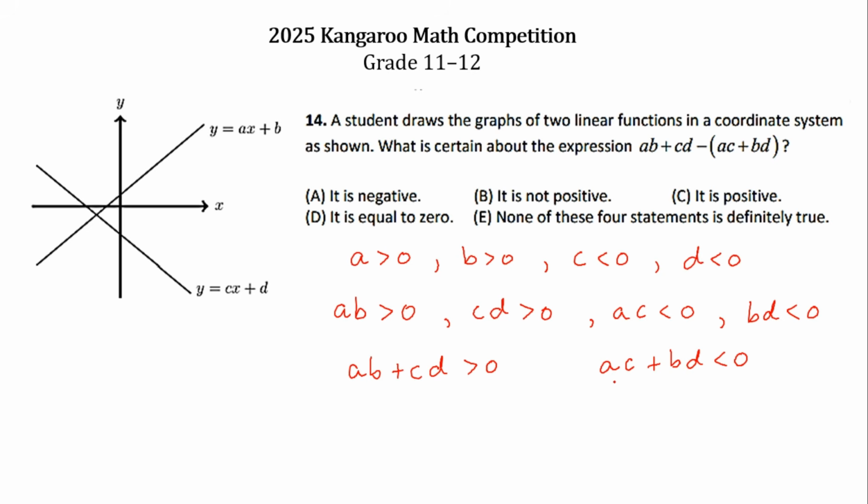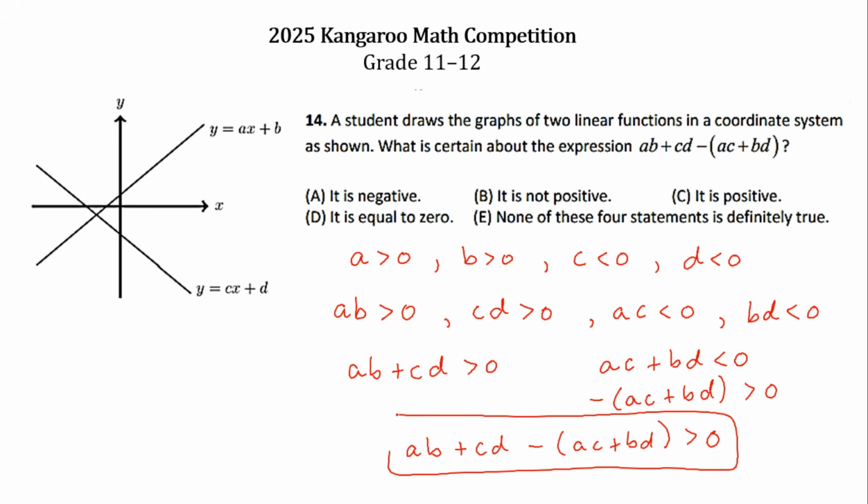Now, if you multiply negative 1 to this inequality, you get the negative of AC plus BD greater than 0. Now finally, combining the two inequalities, AB plus CD greater than 0 and negative of AC plus BD greater than 0, we get that AB plus CD minus the quantity AC plus BD must be greater than 0.